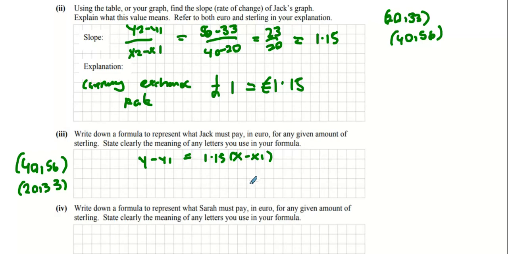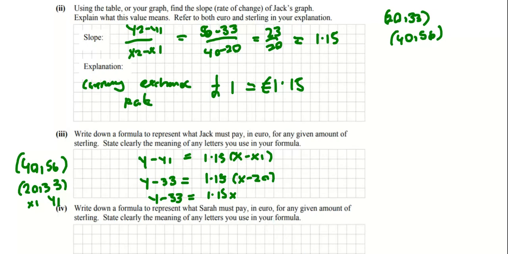So call this one x1, y1. So it's going to be y minus 33 equals the slope, which is 1.15 into x minus 20. Y minus 33 equals 1.15 times x.